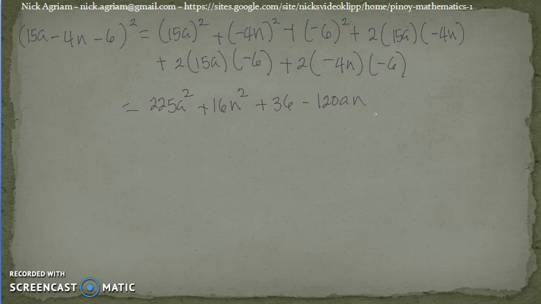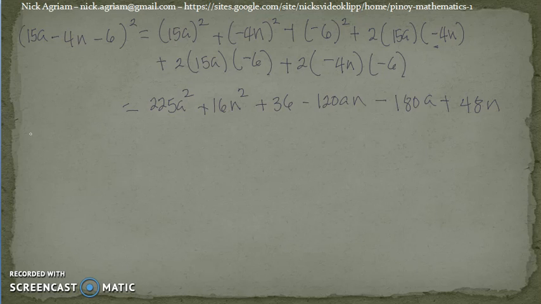Okay, that's negative because of the negative 4. And then we have 30 times 6, and that's 180. That's also negative, 180a. And we have both negative, so we have positive 48n.